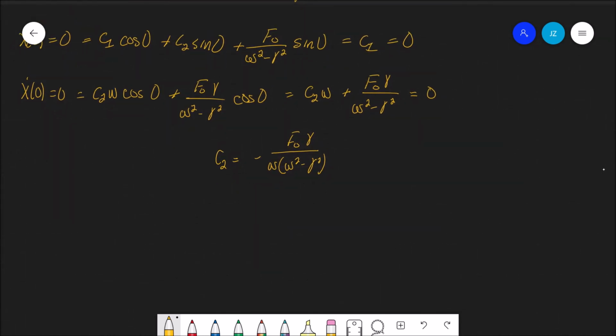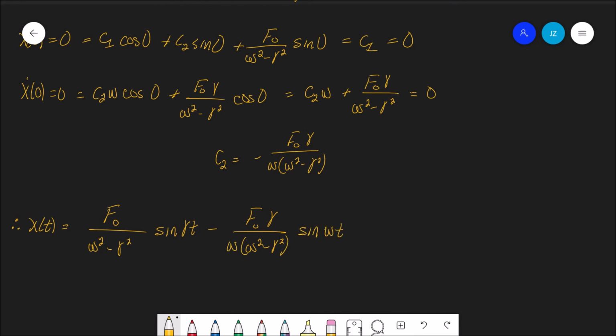So our solution, our motion, will be described by F naught over omega squared minus gamma squared sine of gamma t minus F naught gamma over omega times omega squared minus gamma squared times sine of omega t, with the condition that omega cannot equal gamma. Otherwise, we'd be dividing by 0, and we can't do that.